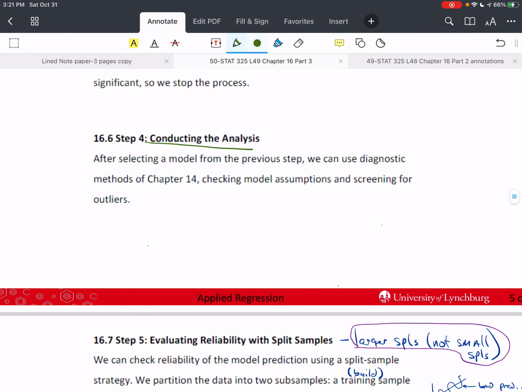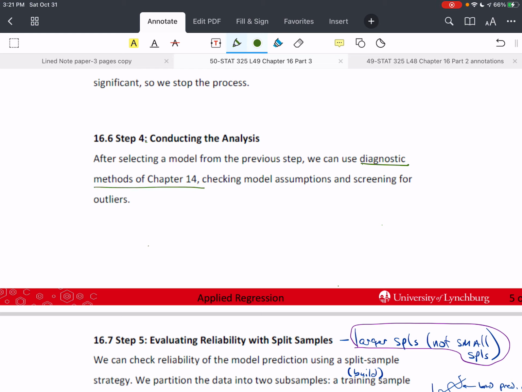Okay. So now that we've talked about the four different selection methods or strategies, let's talk about conducting the analysis. Okay, so this is step 4. And so we want to use our diagnostic methods from chapter 14.